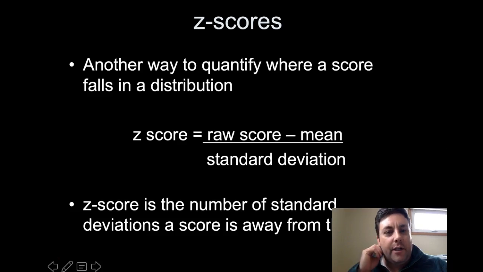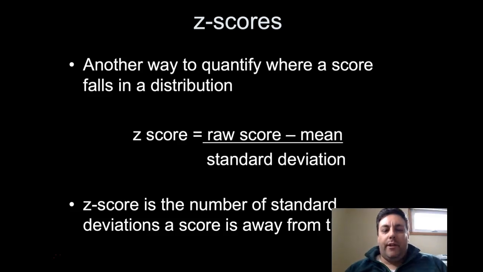Z-scores are really a way to talk about where a score falls in a distribution. To calculate the z-score, we take the raw score, we subtract from it the mean, and then we divide that by the standard deviation.